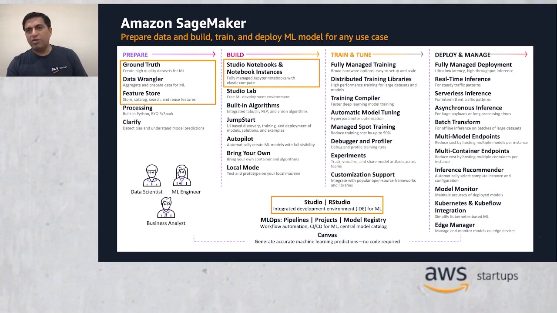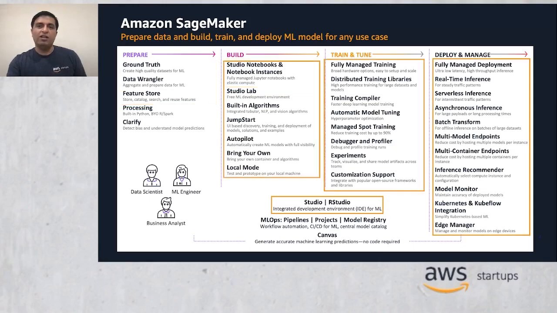We also talked about SageMaker Studio notebooks as well as SageMaker Studio itself, and how they can help in building and prepping data for machine learning. In today's session, we'll talk about how SageMaker helps in training, tuning, deployment, and managing machine learning models in production.